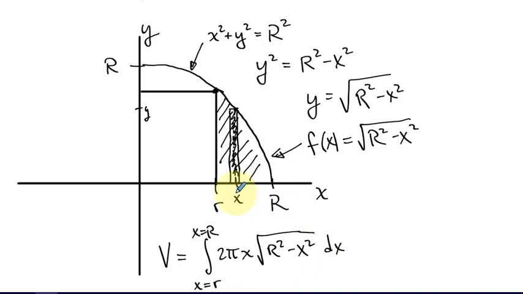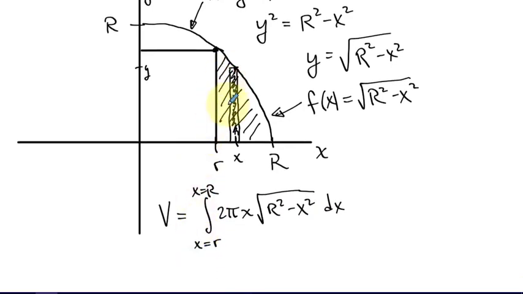I have widths of shells that become dx in this infinite summation. So that's the volume of just this region.